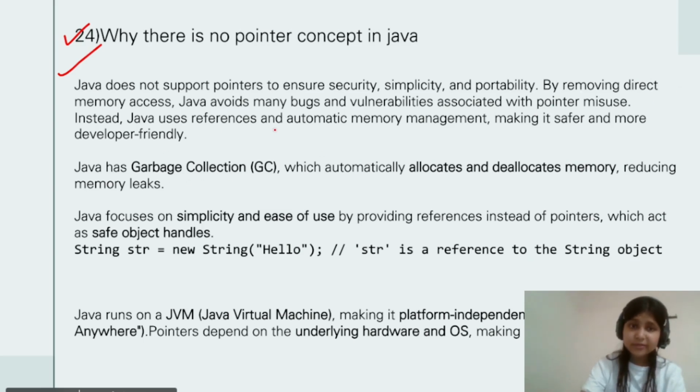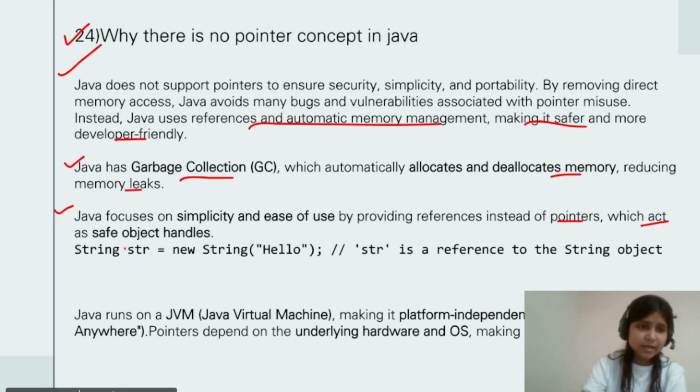Instead, Java uses references and automatic memory management. Automatic, what do you mean by automatic? Like we have garbage collection, making it safer and more developer friendly. Java has garbage collection, which automatically allocates and deallocates the memory, reducing memory leaks. Okay, and Java focuses on simplicity and ease of use by providing references instead of pointers, which act as safe object handles.